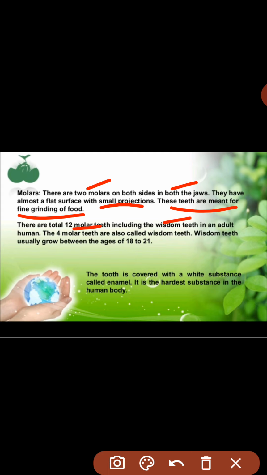Many times you must have heard from family members or friends that they are getting a wisdom tooth. Four of the molar teeth are called wisdom teeth. Wisdom teeth usually grow between the ages of 18 and 21, not before that.